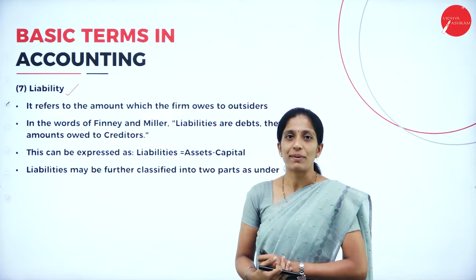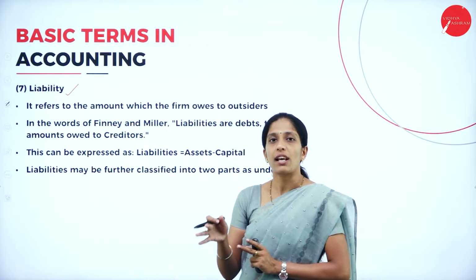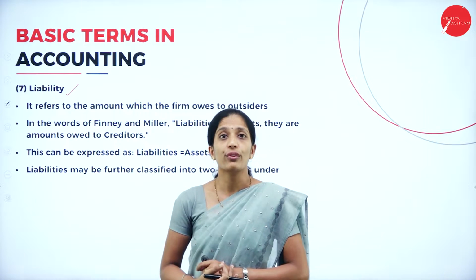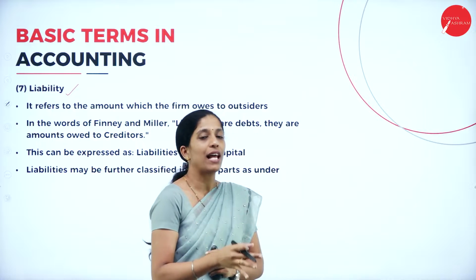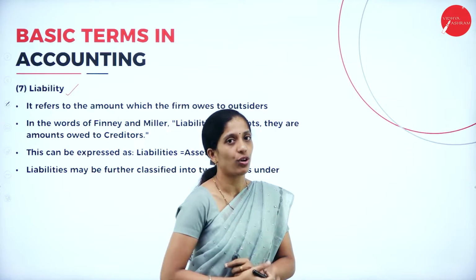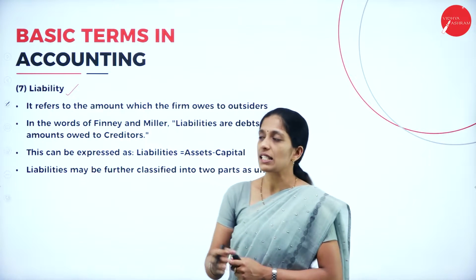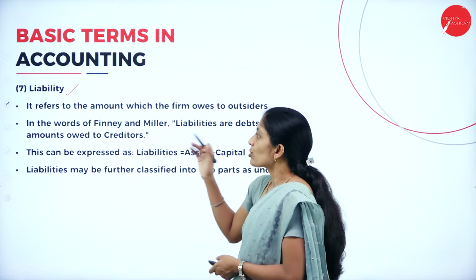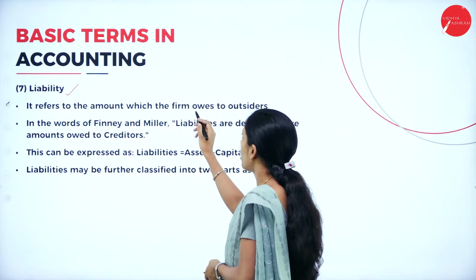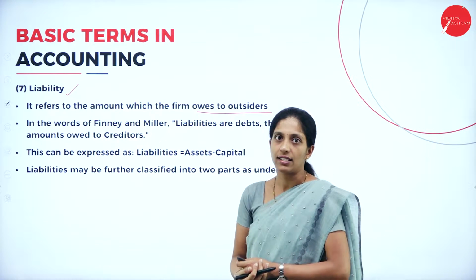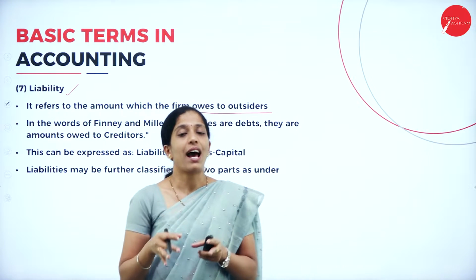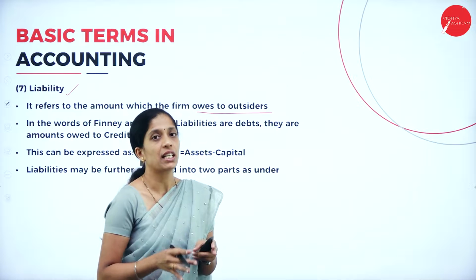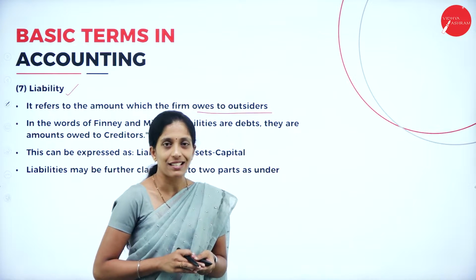Now what do you mean by liability? For each and every organization, in order to know the financial position, we have to know the total value of assets and the total value of liabilities. Now let us see what is liability. It refers to the amount which a firm owes to the outsiders. It's not that the organization will have that much money in order to undertake its business activity.